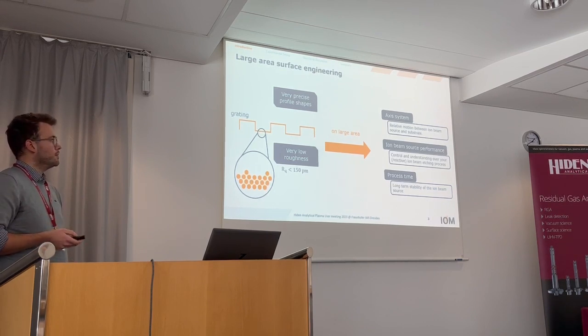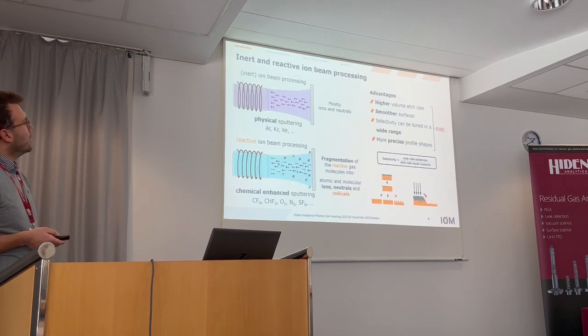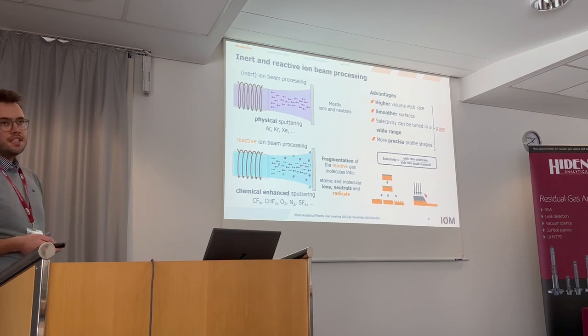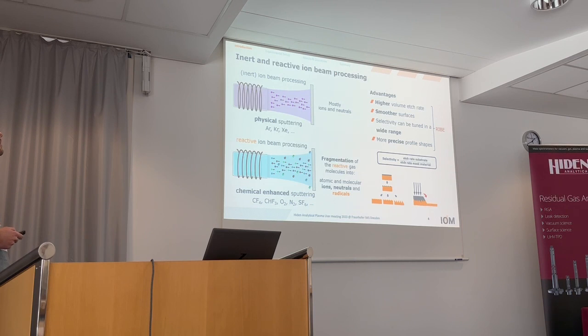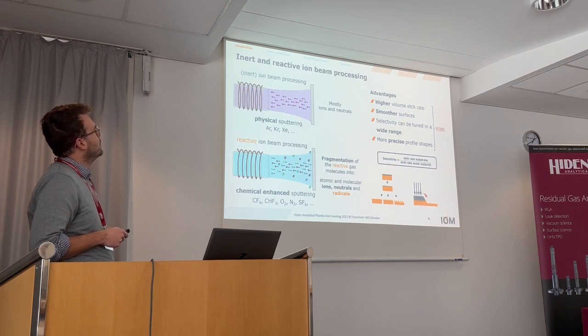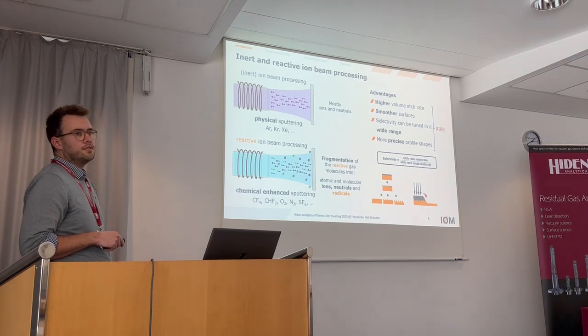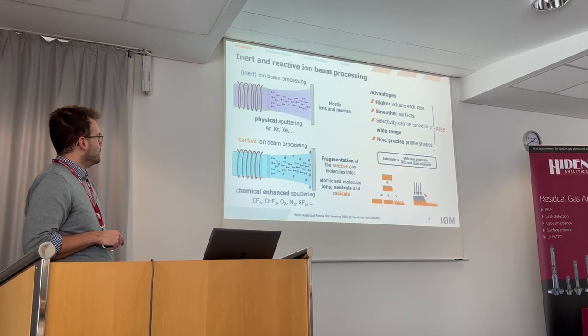So what we are talking about is inert and reactive ion beam processing. The easier case is inert ion beam processing, where you use argon, for example, in your ion beam source. You accelerate that towards the sample, and there you have your erosion made by ions and neutrals. But when it comes to reactive ion beam processing, you're not using argon, but mixtures of different reactive gases, such as CF4, CHF3, oxygen, and so on.